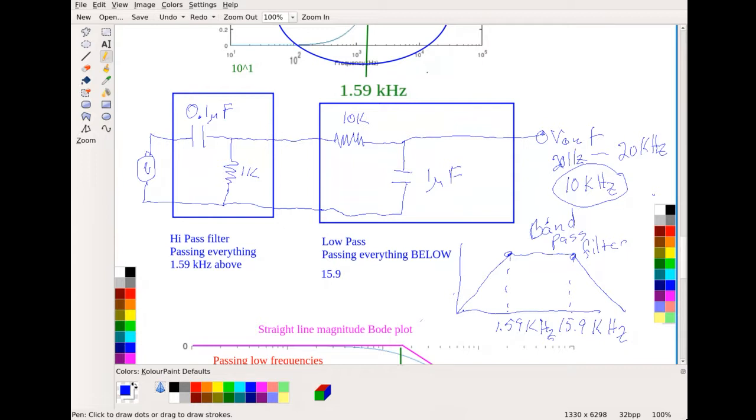So let me just throw a graph on that here real quick, try to grab it out of the book. All right, so if we look at the phase angle, this one here is the one.